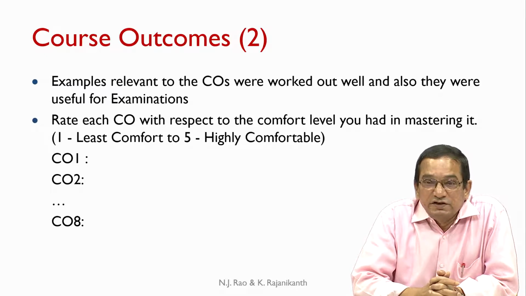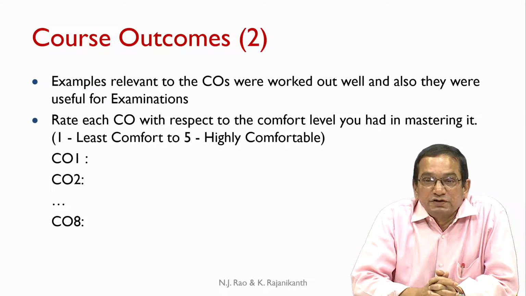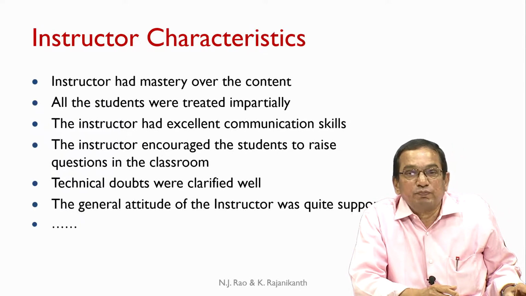The idea of this is to see if there is any particular CO or a small subset of COs which are proving to be difficult for a majority of the students, essentially what generally are called as sticky points. So, if most of the students feel certain difficulty with respect to a small subset of COs, then we may have to do something with respect to those COs the next time the course is implemented. To get that idea, we can ask this kind of a question.